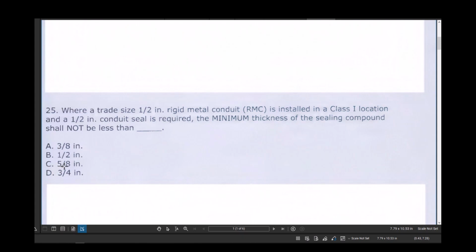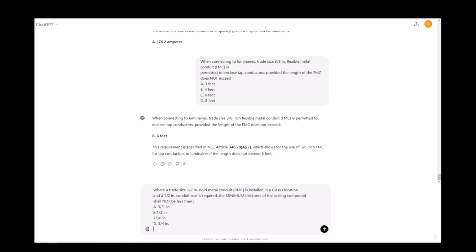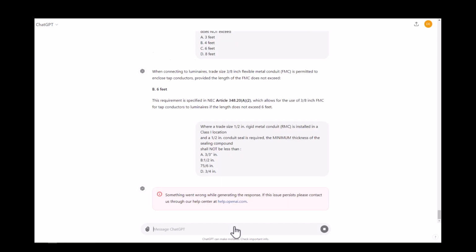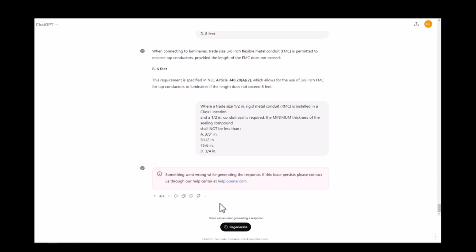Let's go to ChatGPT to see what the answer is. Because I have the free version of ChatGPT, sometimes it gives me a timeout or I should regenerate. Sometimes you can go through, ask a question and get your answer, but sometimes you cannot.